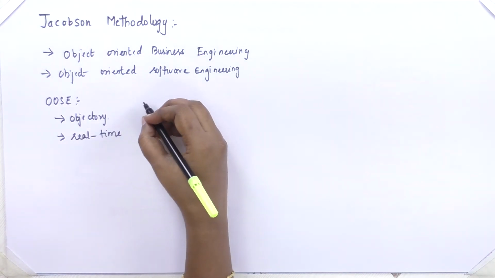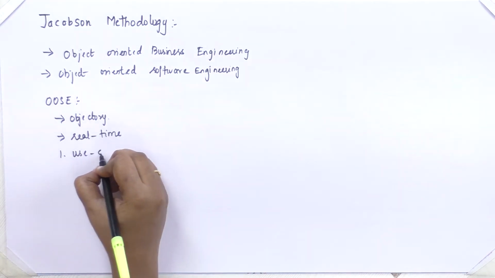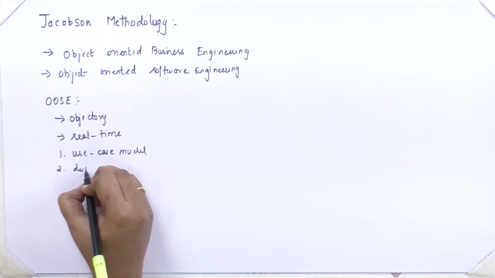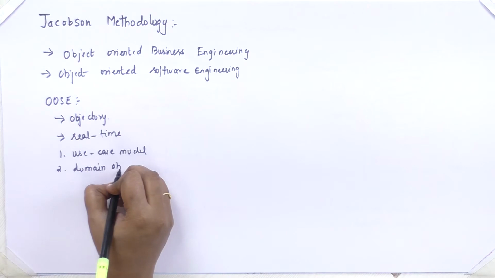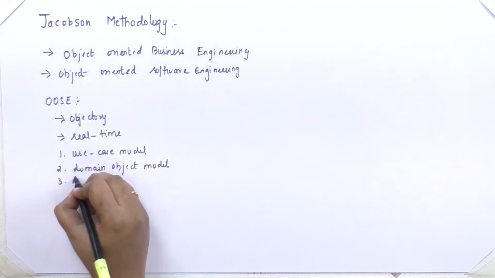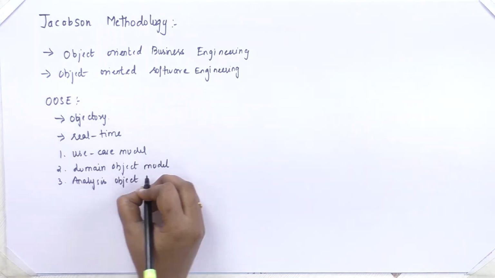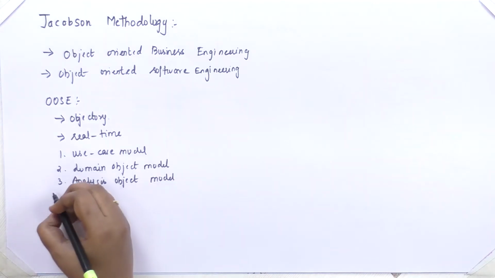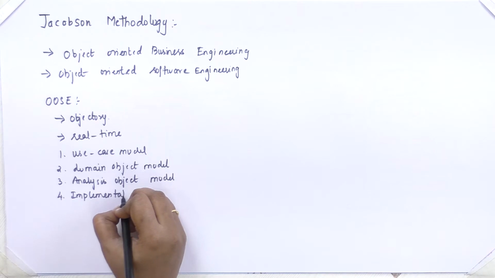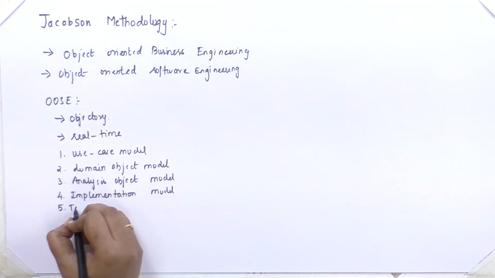Here, this objectory method has several models. One is the use case model, another one is the domain object model, third is the analysis object model, fourth is the implementation model, and the fifth is the test model.